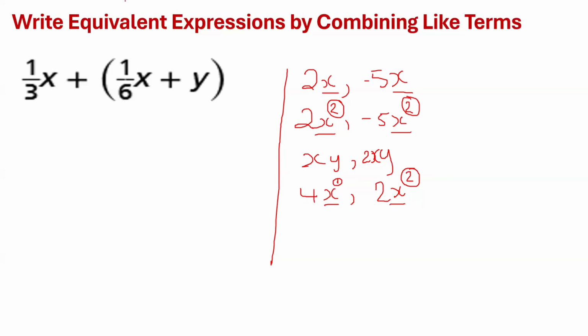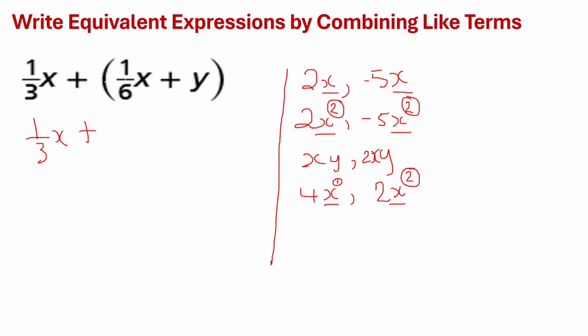So if you look at this expression here, we have a pair of like terms. We have 1/3 x and also we have 1/6 x. We are going to write an equivalent expression from this expression by combining like terms. So here we're going to rewrite this 1/3 x. I need to get rid of this parenthesis, so I am going to multiply what is inside the parentheses with what is outside.